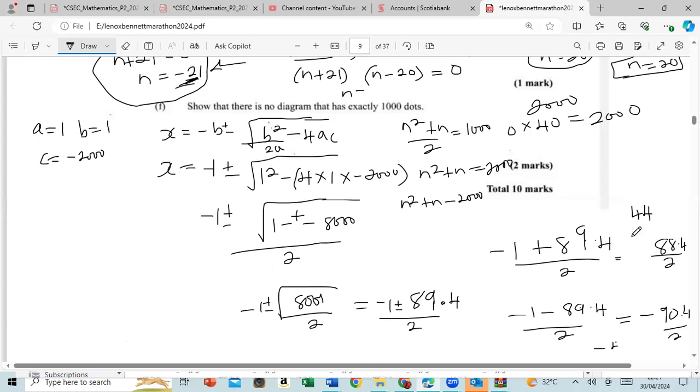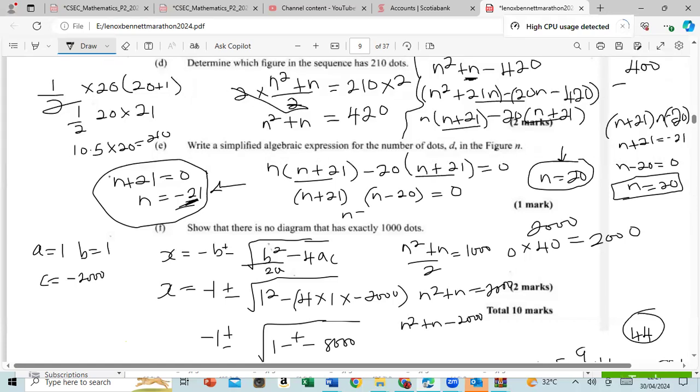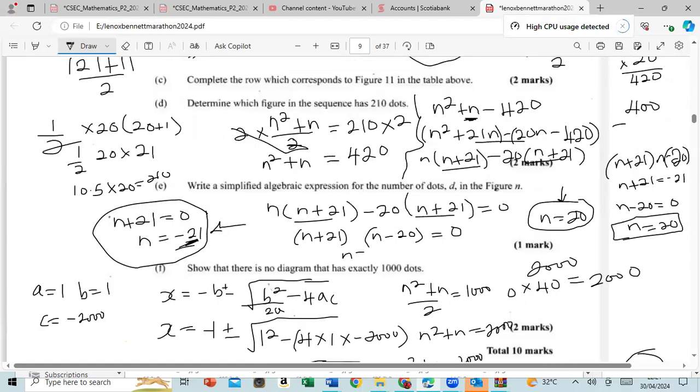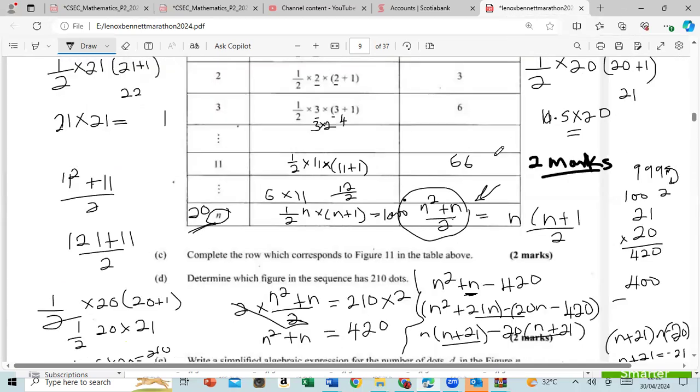But you see the 44 here, guys? When we plug 44 in, it will give a little less than 1000. Let me work it out. When we plug in 44, you have half of 44 times 44 plus 1.